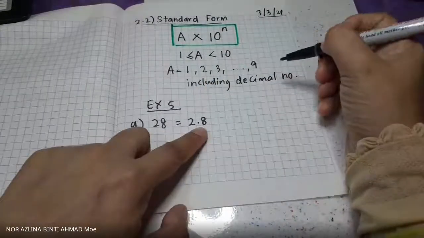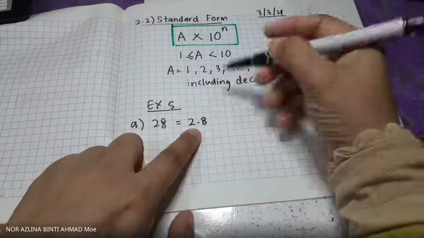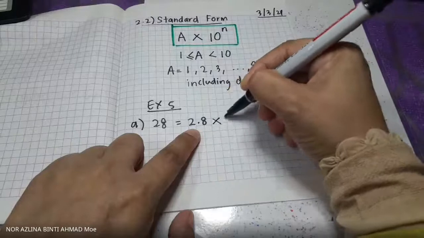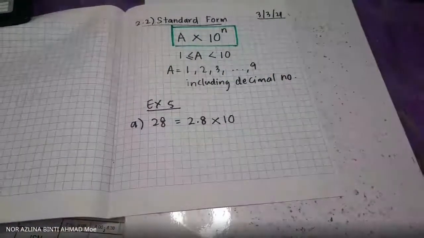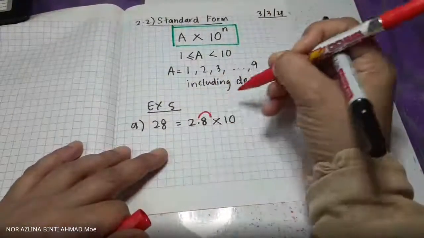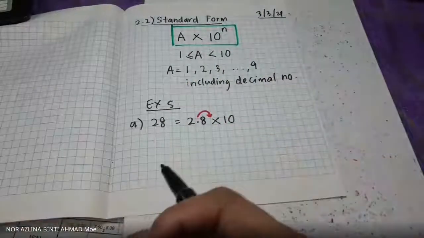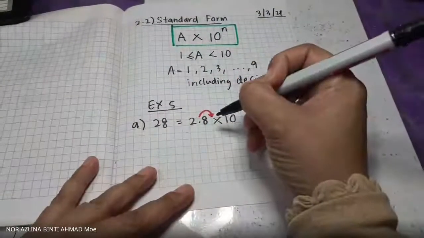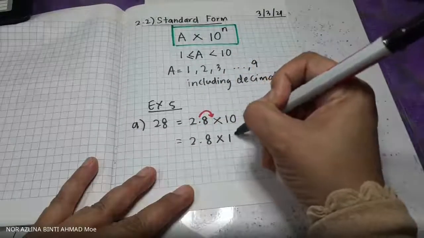Okay, this is 2.8. 2.8 to become 28, we need to multiply with 10. Okay, if we multiply 10, the number will become 28. So the standard form is 2.8 multiply 10.